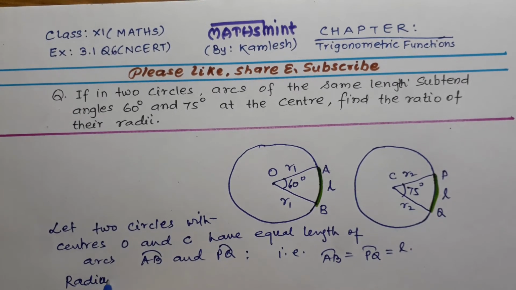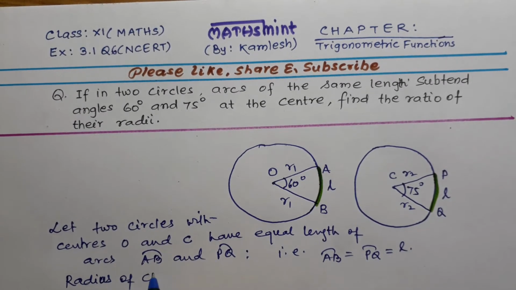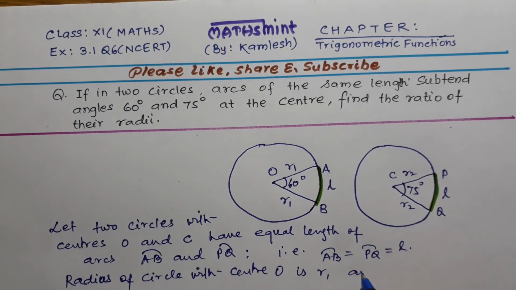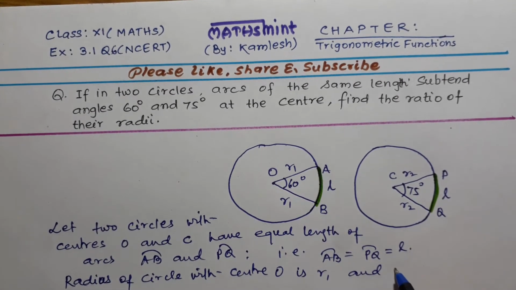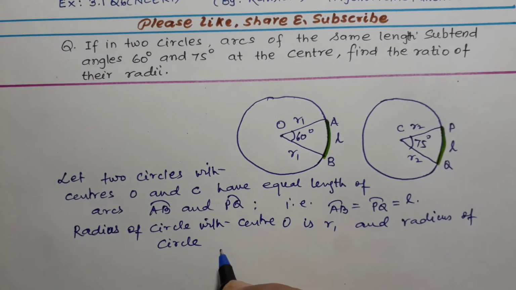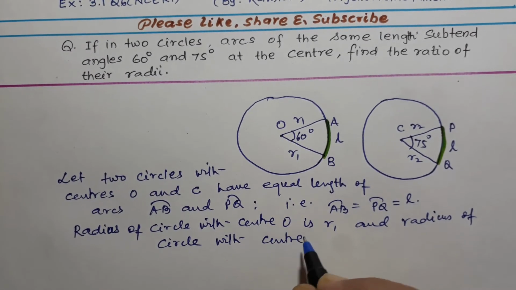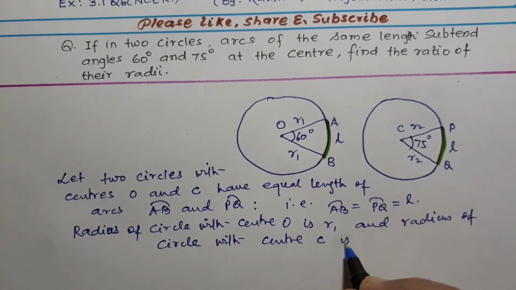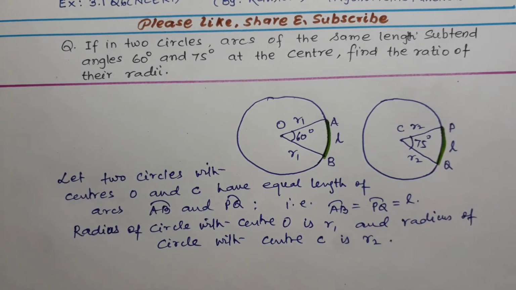Radius of circle with center O is R1, and radius of circle with center C is R2.